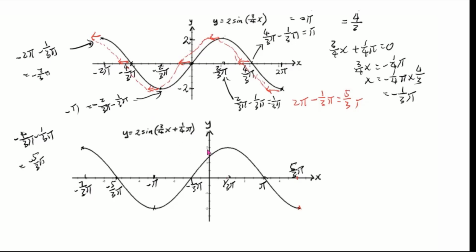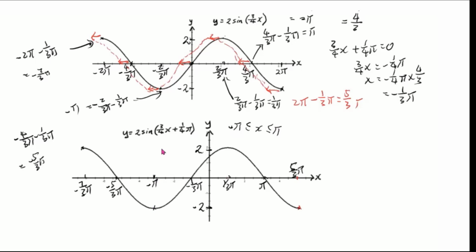And of course, don't forget about the amplitude. It is positive 2 and negative 2. Now up to here we have already finished all the transformation. Now we go to the final step. We must make sure the final graph is in between the domain that is given in the question, that is from negative pi up to positive pi.